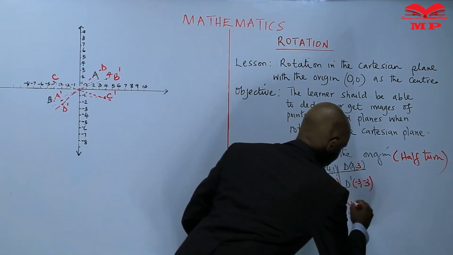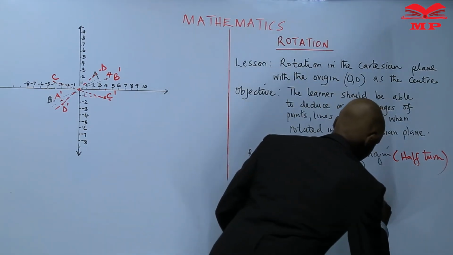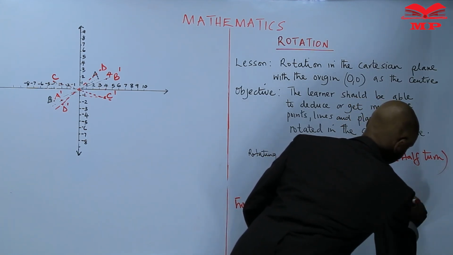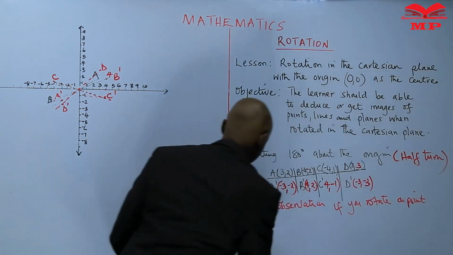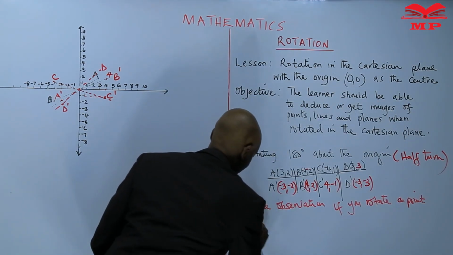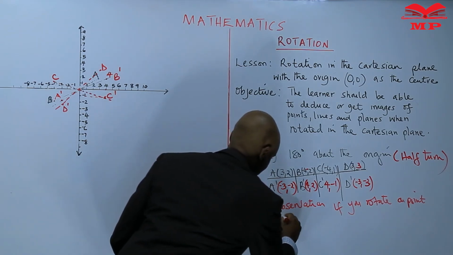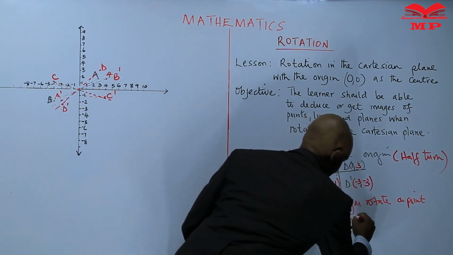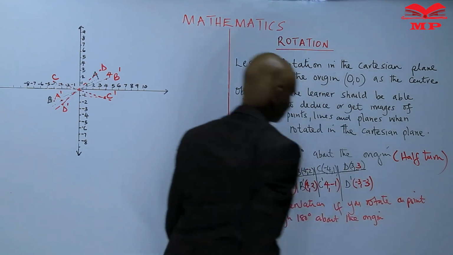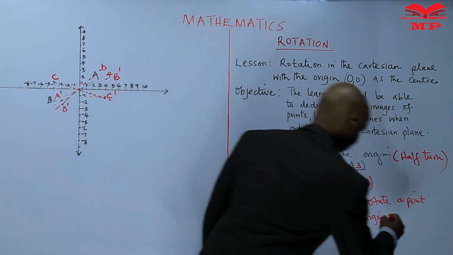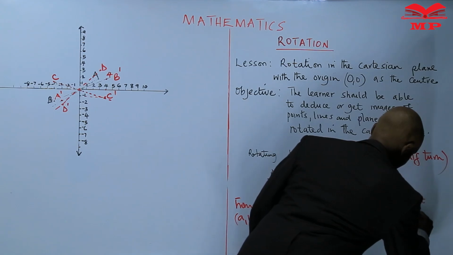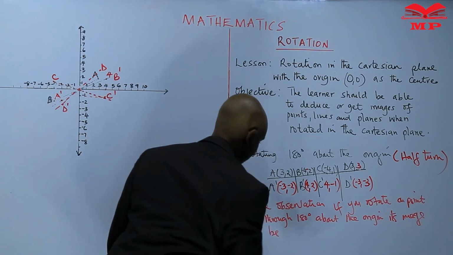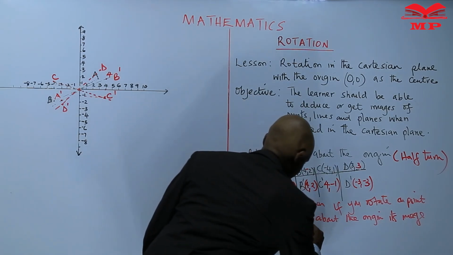if you rotate a point A, B through 180 degrees about the origin, its image will be -A, -B.